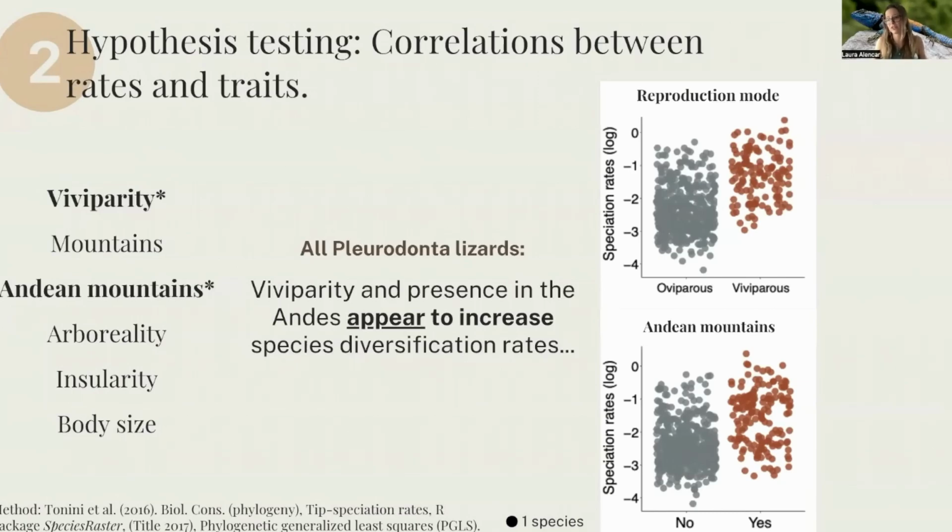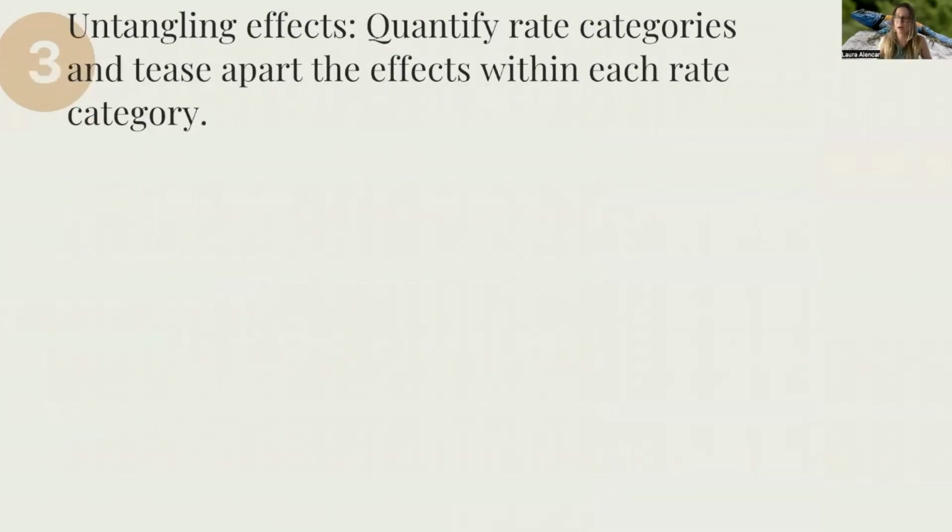Specifically, viviparous lineages and those that occur in the Andean mountains have higher diversification rates. But we knew that in Pleurodonta, many of those viviparous lizards also occur in the Andean mountains. So this led us to wonder, are these two aspects two independent sources of ecological opportunities, independently contributing to this rate heterogeneity, or are they maybe confounding each other in doing so?